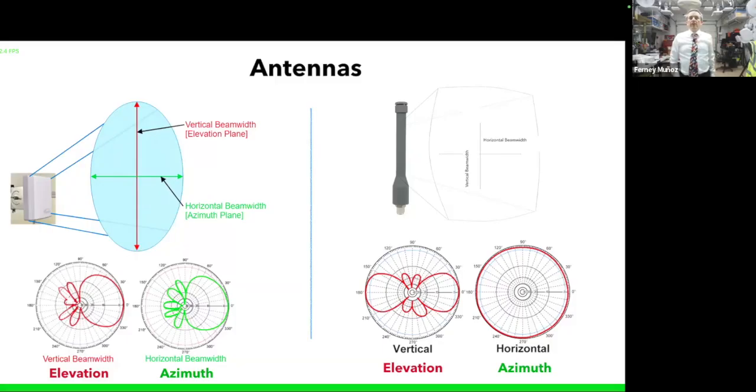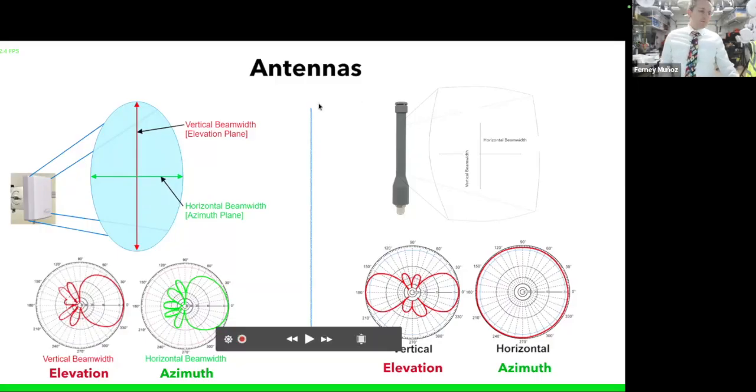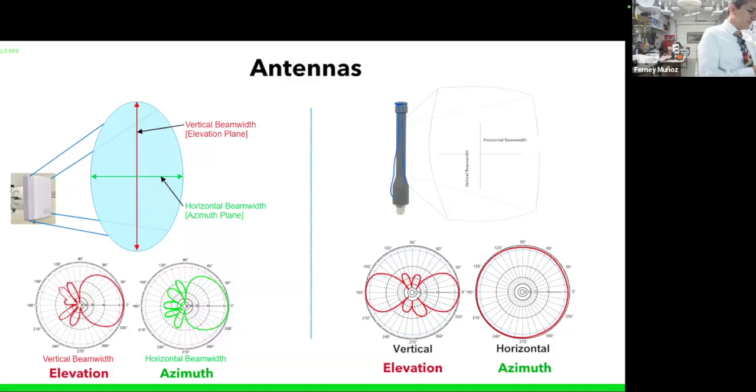Okay. Now, if we, for instance, like in this graph over here, we have one of these dipole antennas, like this. The elevation plane is, if you're looking at that antenna from the side, vertically how many degrees that antenna covers. Okay? The azimuth, the horizontal, is if you're looking at the antenna from the top, like this.